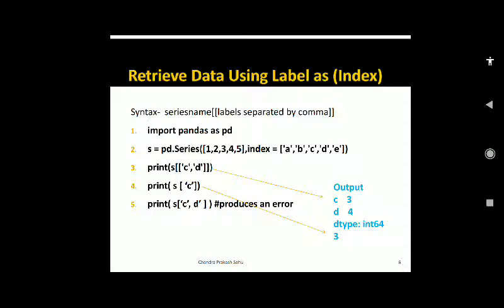The last line shows index C and comma index D. Here you have used only one square bracket, so it is indexing and it will produce an error. Remember, in labeling, when you are using labels as index, you will have to use two opening square brackets and two closing square brackets and any number of labels separated by comma.